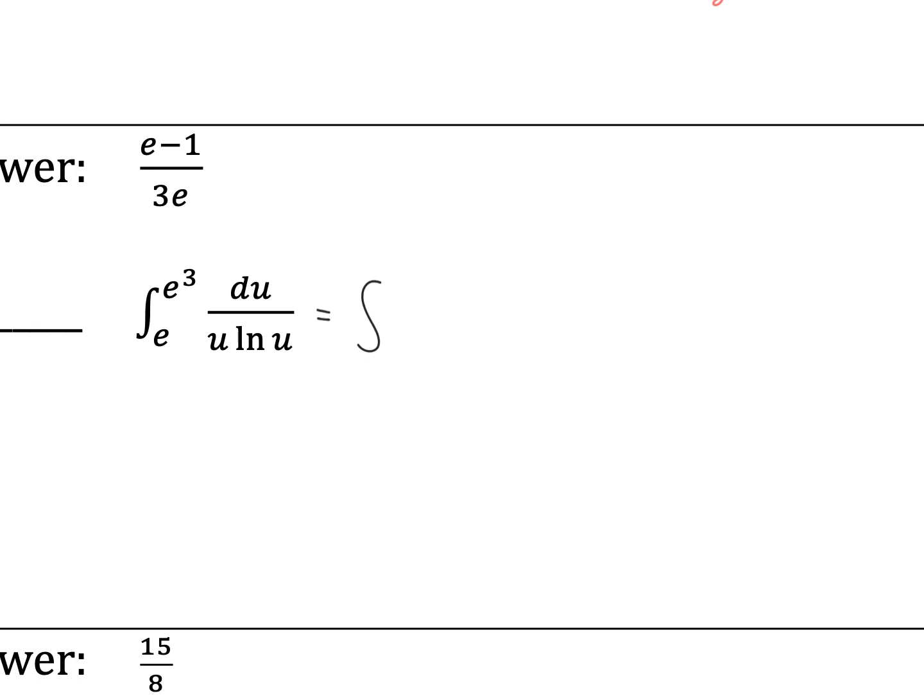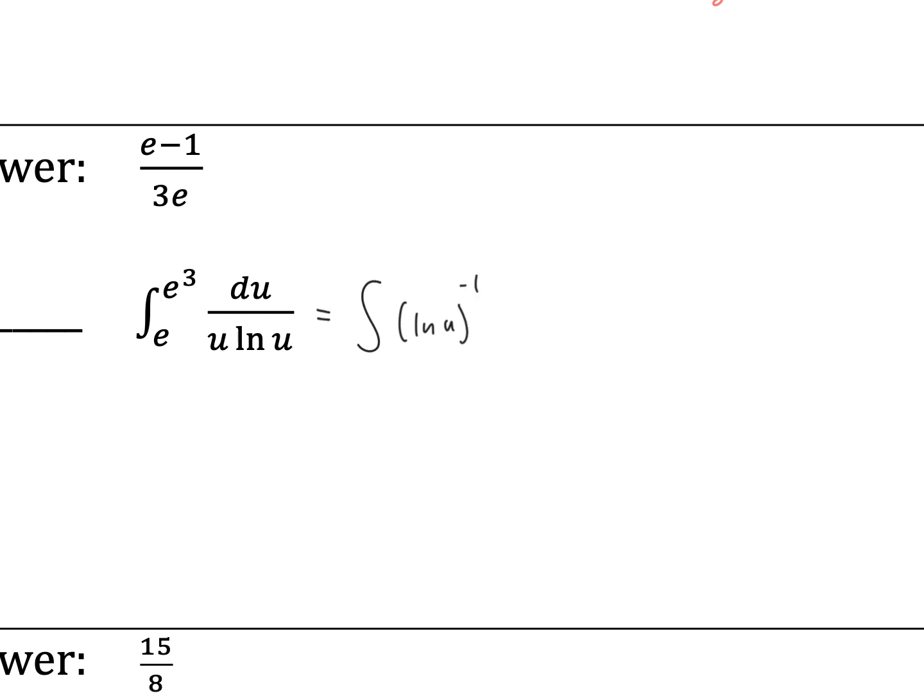But okay, so make sure algebra-wise that you can do this. You could rewrite this as, you've got this ln u in the bottom, so that's like a ln u to the negative 1.